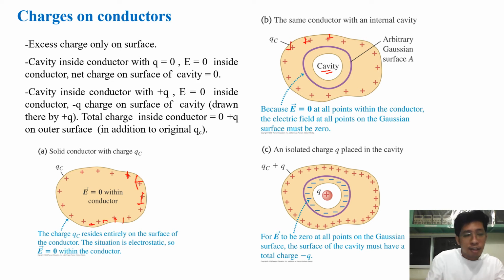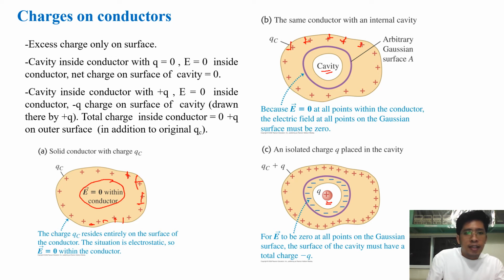Electric field is 0 inside of your conductor. That's always the case. Even if there is a cavity here, the electric field is also 0, and all the other excess charges reside on the surface. If you have a cavity inside a conductor with a charge plus Q, the electric field is still 0 inside the conductor.